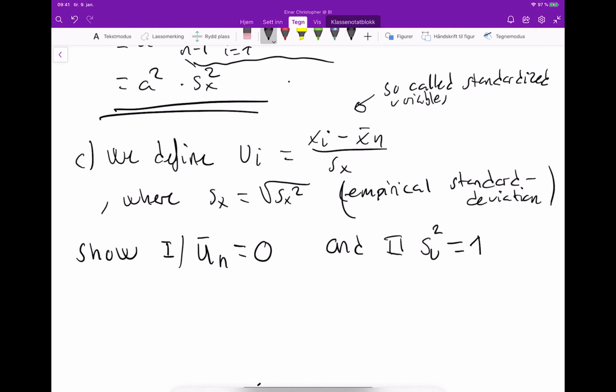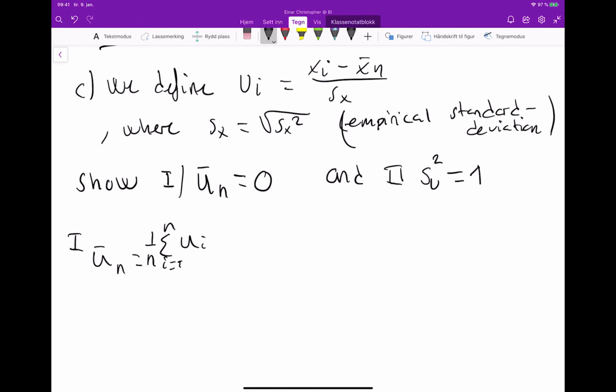So let's start with 1. So we know that the mean of the u's is equal to 1 divided on n times the sum over the ui's from i equal 1 to n. This is the normal formula for the mean.